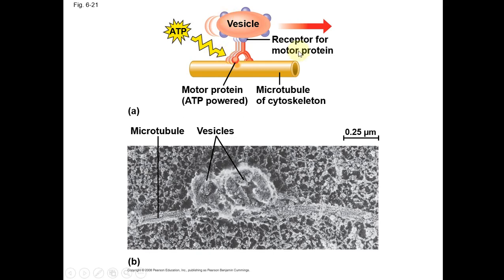Okay, so here, we have the receptor for motor protein. So, parang receptor where vesicles can attach itself. And we have ATP. And we have here the motor protein. Motor protein, ATP powered. Parang kumbaga siya yung naka-attach dun sa microtubule ng cytoskeleton in order for it to move from one location to another.